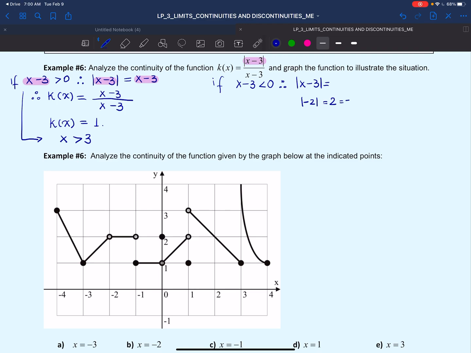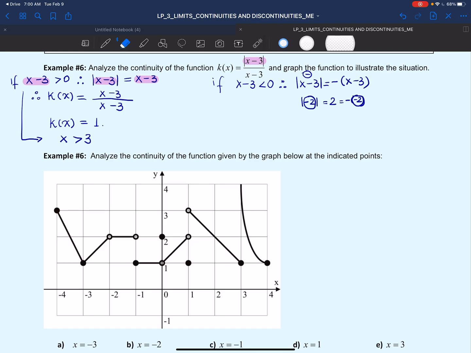Or I can look at it as the opposite of negative 2. Similar to this, if x minus 3 happened to be a negative number, the absolute value of x minus 3 would be equal to the opposite of x minus 3.